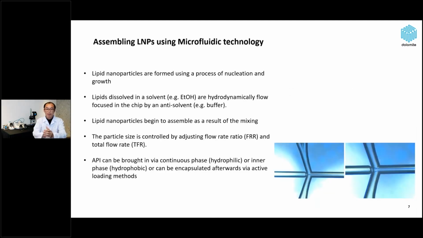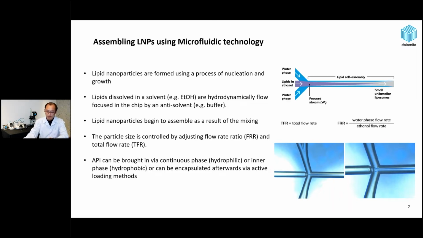So for making lipid nanoparticles using microfluidic technology, the lipid nanoparticles are formed through a process of nucleation and growth. The lipids are dissolved in a solvent, for example ethanol or isopropanol, and are hydrodynamically flow focused into the chip by the anti-solvent like water or buffers.